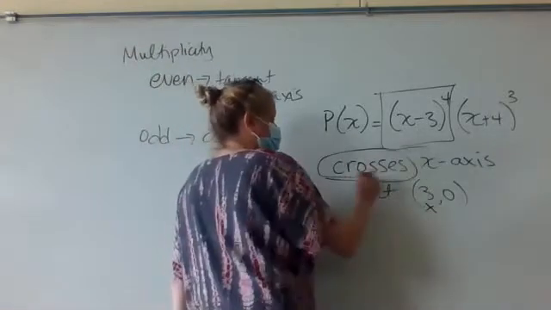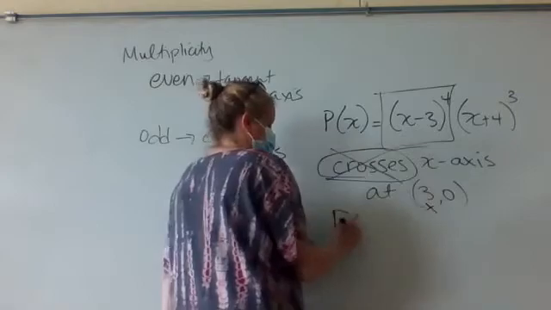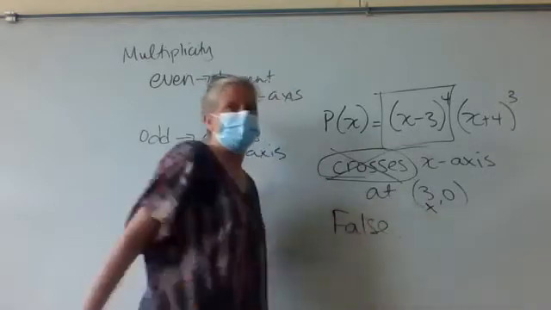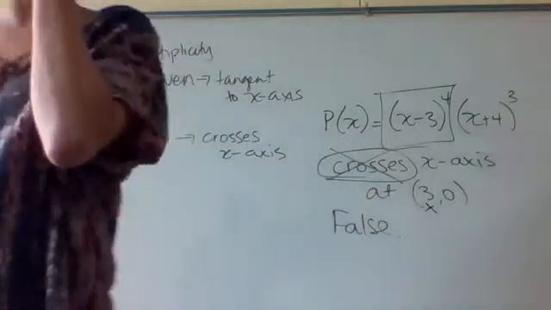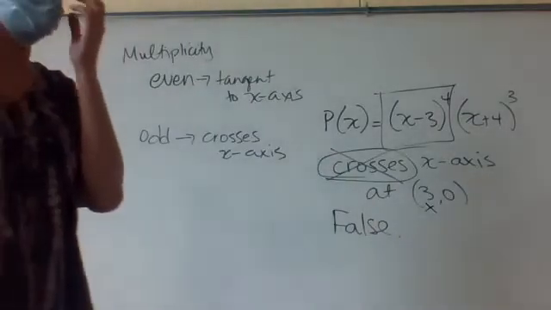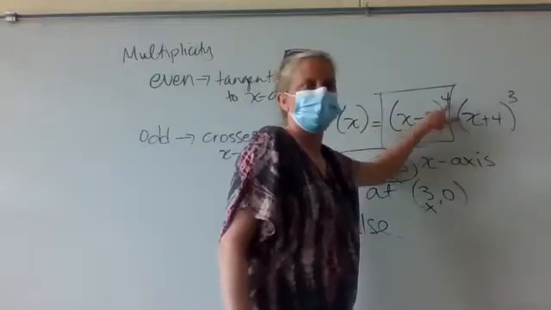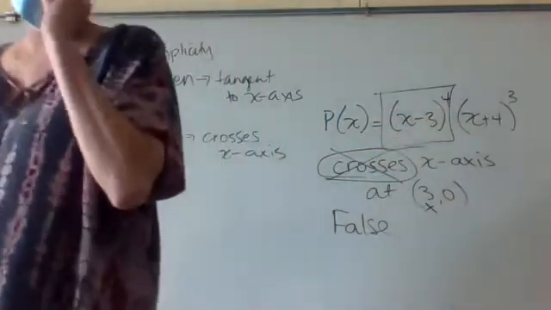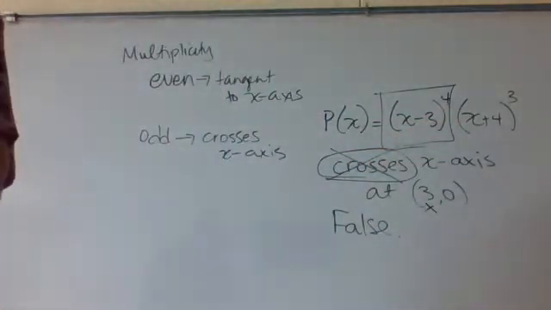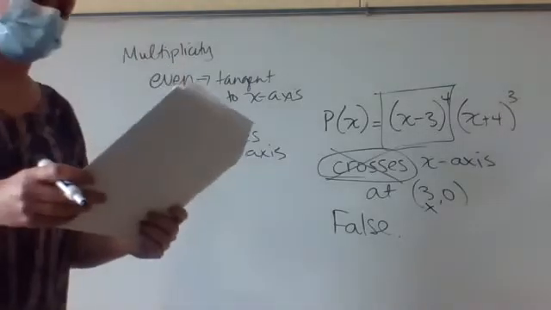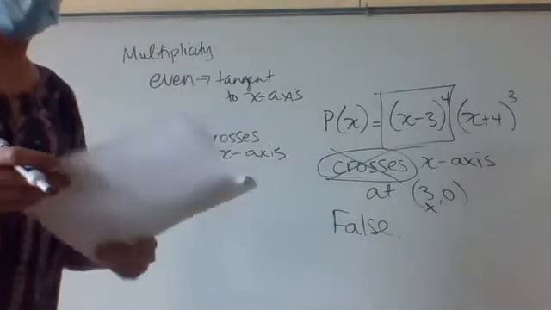So this word right here makes that statement false, right? It's going to be tangent to the x-axis at (3, 0) because its multiplicity is even. It's just like A, right?